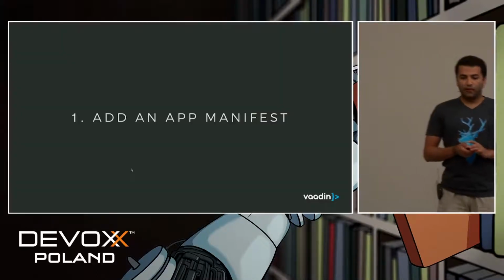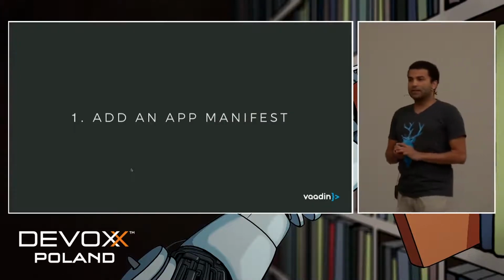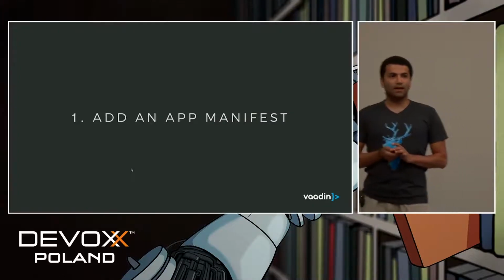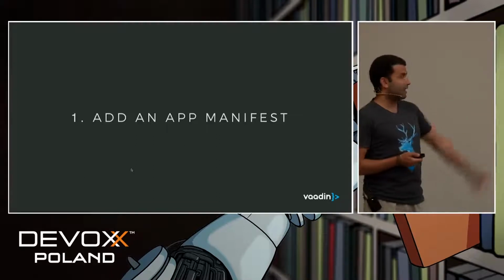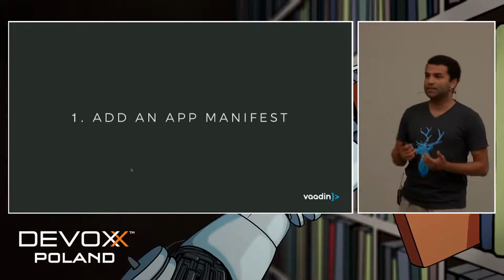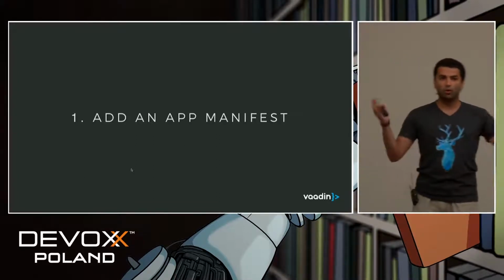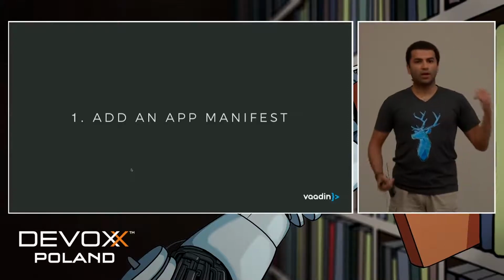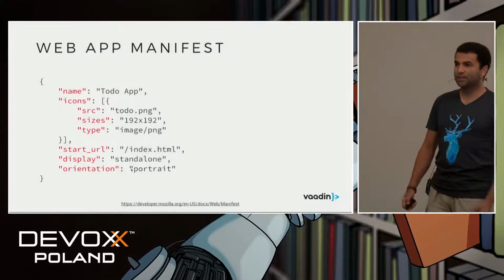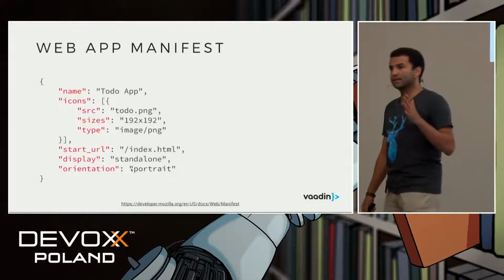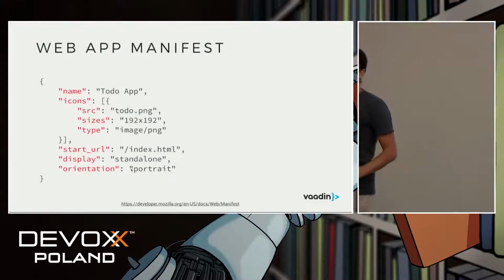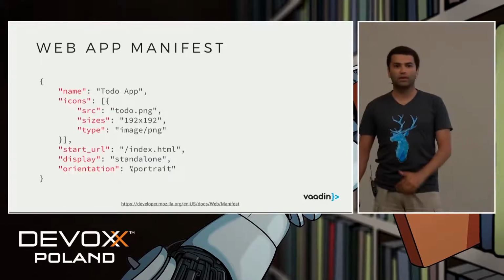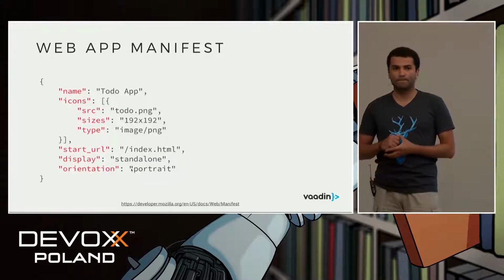Defining a web application as a progressive web app is as simple as adding an app manifest. The app manifest is your definition to the whole world, to the browsers, to Google, to everyone, that your app is a progressive web app. It's a JSON file that you place inside your root directory that contains the definition of what your app looks like.